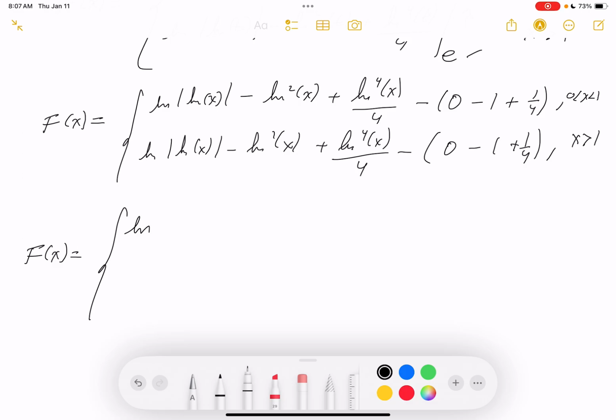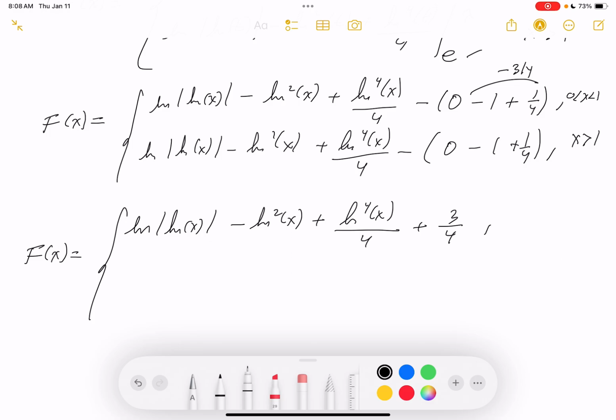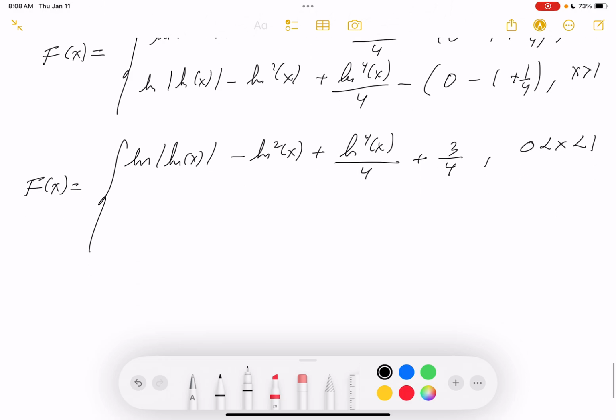So natural log, the absolute value, natural log of x, minus the natural log squared x, plus the natural log 4th power x over 4, and then this is going to give me minus 3/4. Minus a minus 3/4 is plus 3/4. And this is going to be when x is between 0 and 1.